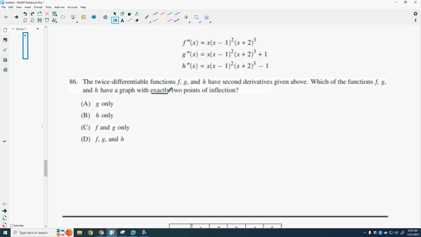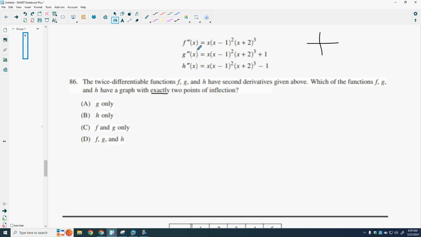Exactly 2. Okay, so this one here. Visualize this graph. Okay, this is my second derivative. What is a point of inflection? Second derivative is 0, and with big, bold, capital letters, it switches signs at that point.